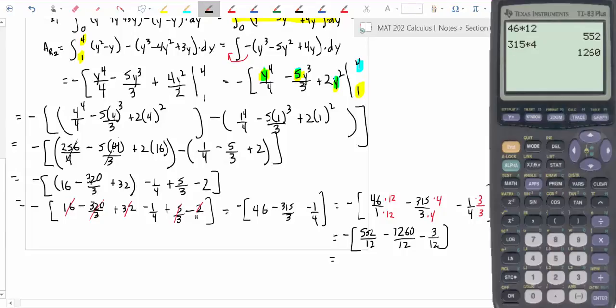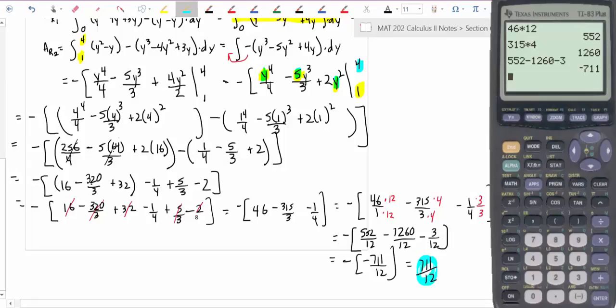Okay, let's work that out. 552 minus 1260 minus 3 gives a negative 711 over 12. So the final answer is negative 711 over 12.